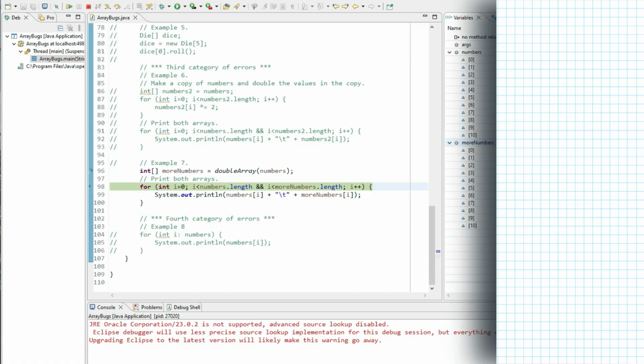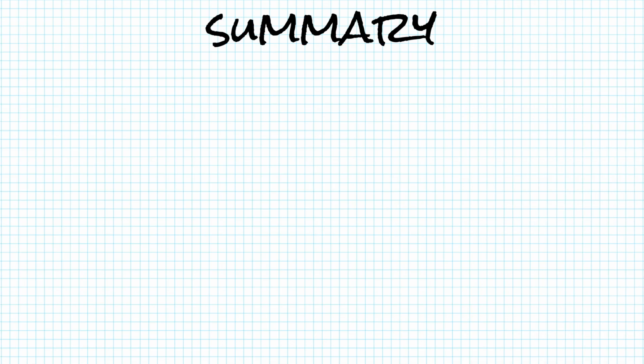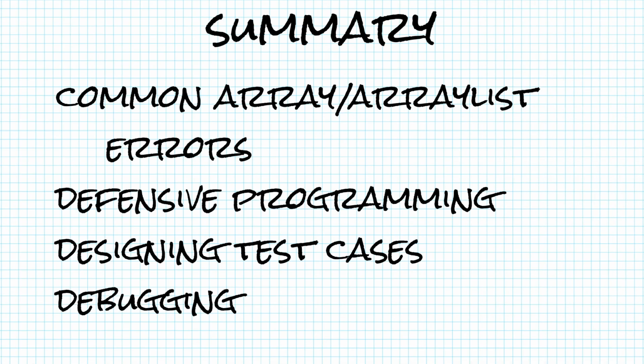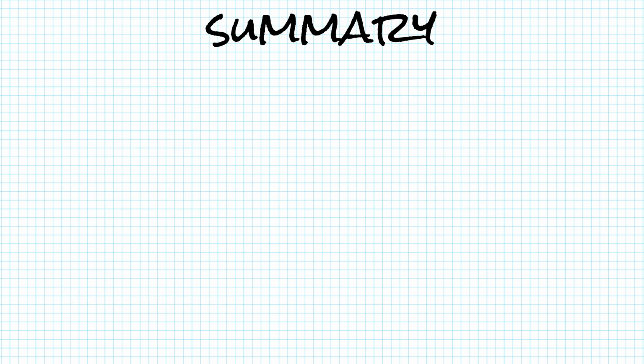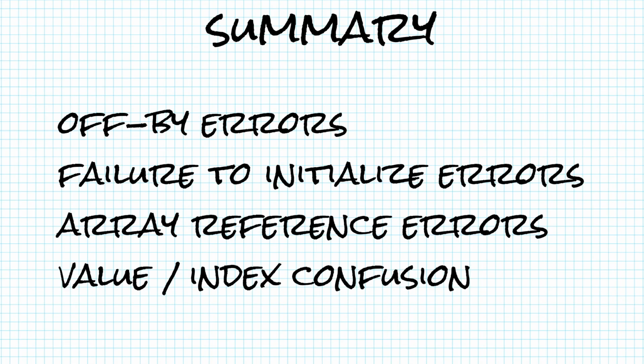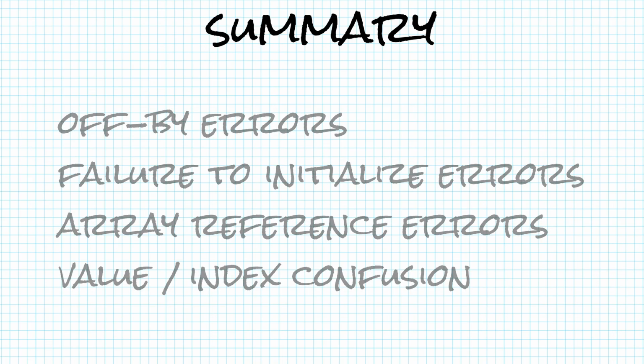In this video, we looked at some common ArrayList errors, how to program defensively to avoid them, how to test for them, and some debugging strategies for arrays. Our errors fell into roughly 4 categories: off-by errors, failure to initialize errors, array reference errors, and value index confusion.